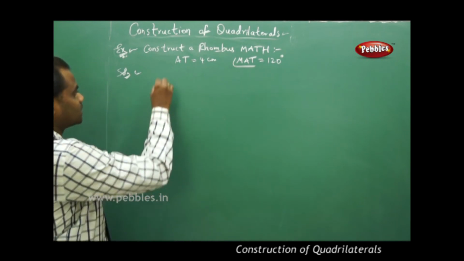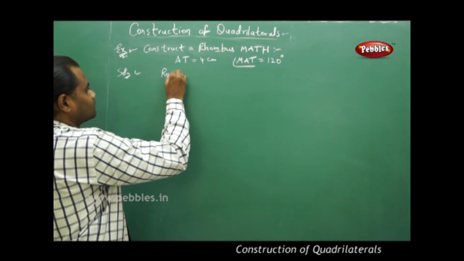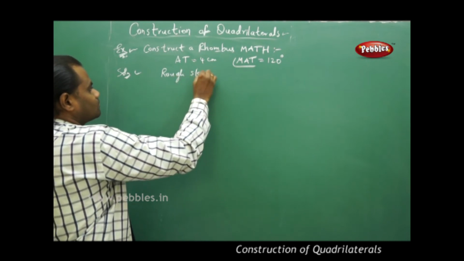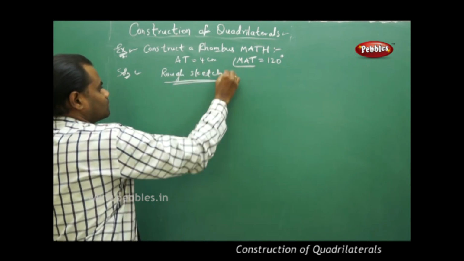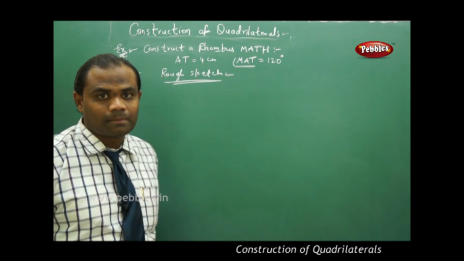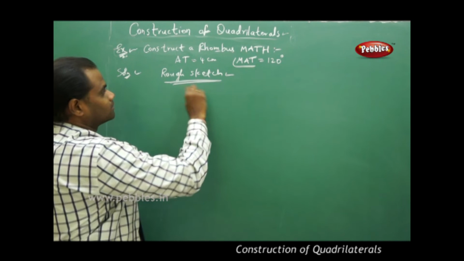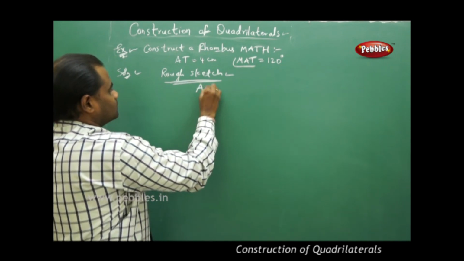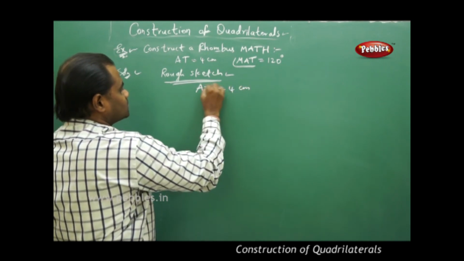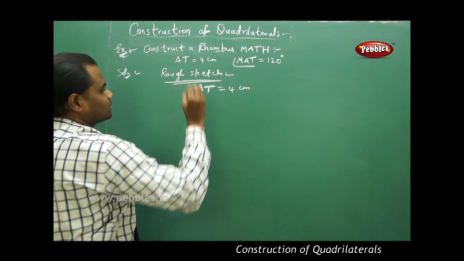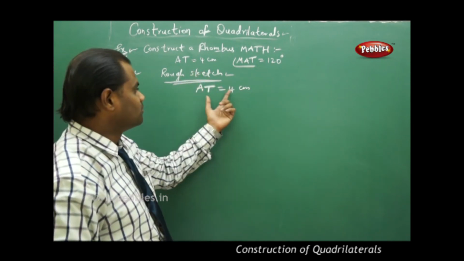So let's start with a rough sketch where I need to find the properties. My AT is 4 centimeters, which helps me in taking one of the sides.